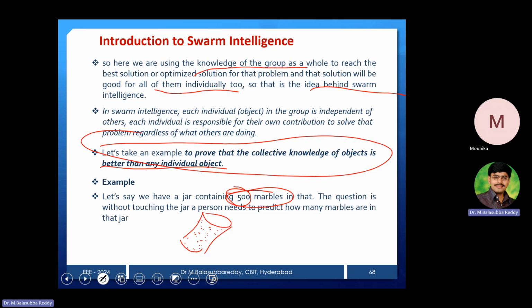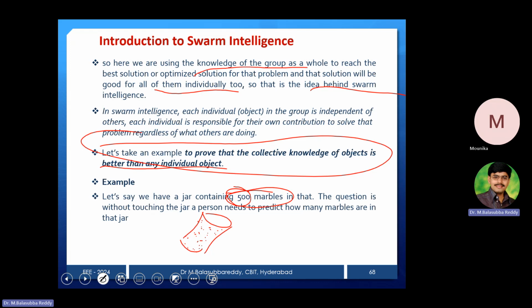Now, if we ask 1,000 people the same question, how many marbles are inside, they may give random, different answers. Somebody may say 1,000 marbles, somebody 10,000 marbles, somebody only 10 marbles.